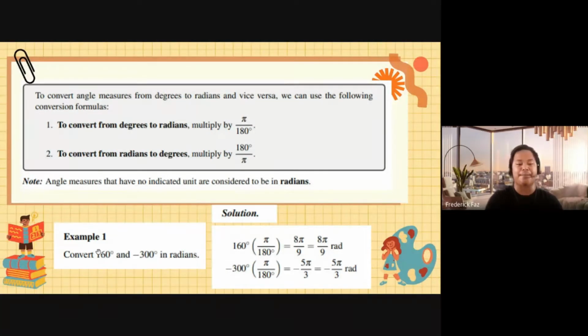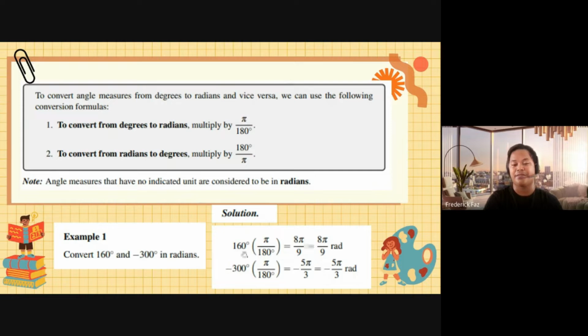Let's try example 1. We have 160 degrees, which is a positive angle. To convert this 160 degrees into radian measure, we multiply by pi over 180 degrees.